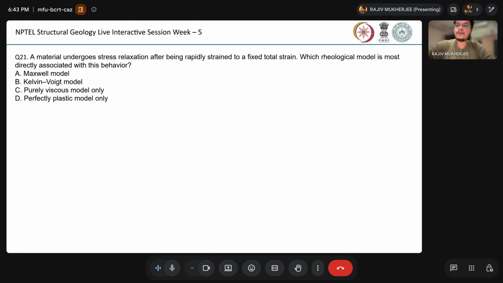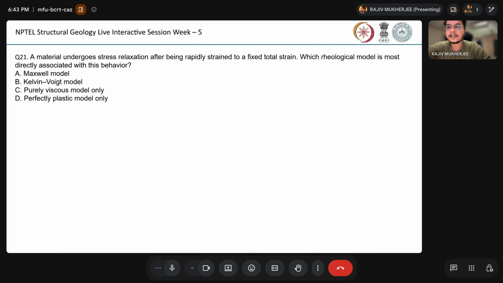Okay, so coming to our last question of this session. A material undergoes stress relaxation after being rapidly strained to a fixed total strain. Which rheological model is most directly associated with this kind of behavior? Option A, Maxwell model.